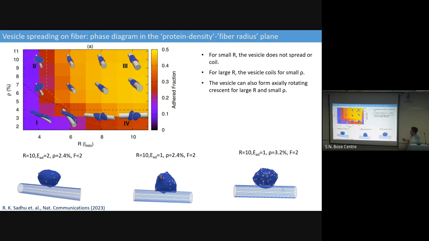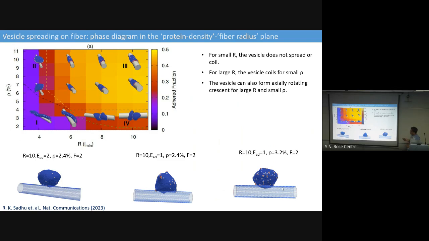So if we write the energies as a function of R and try to find the optimum, there will be some point above which the adhesion energy will dominate. On the other hand, in this direction, the bending energy will dominate. And if bending energy dominates, it will not adhere because the bending energy cost is much higher. And if adhesion energy dominates, it will perfectly adhere.